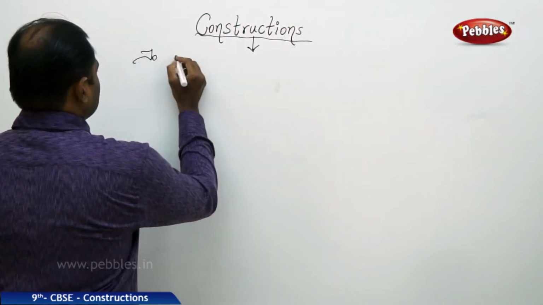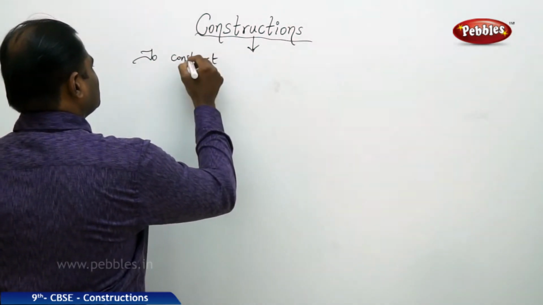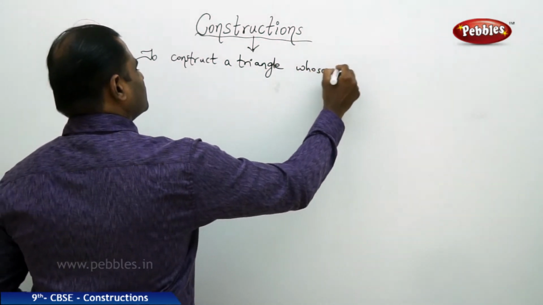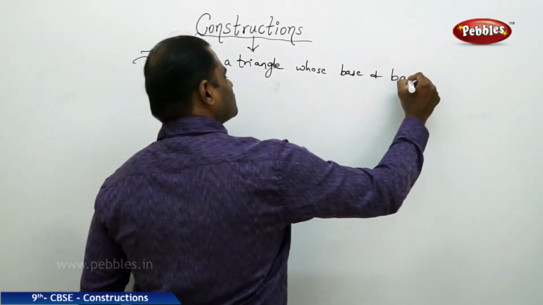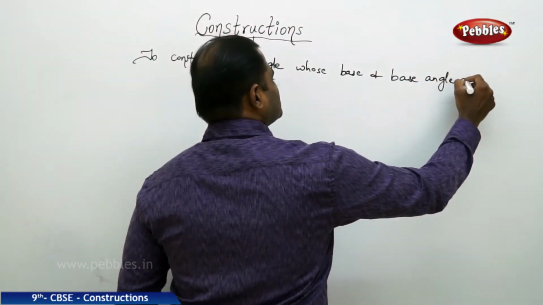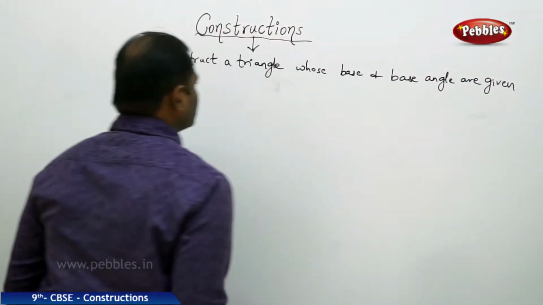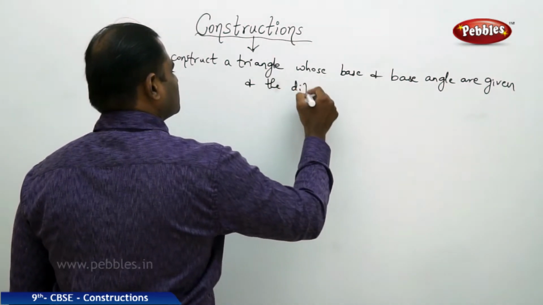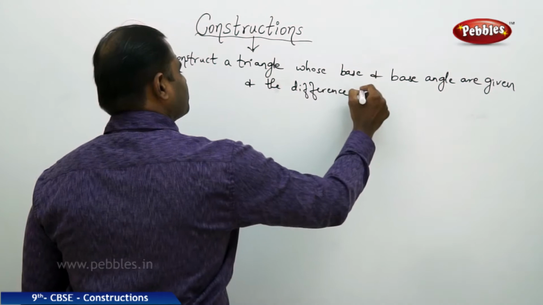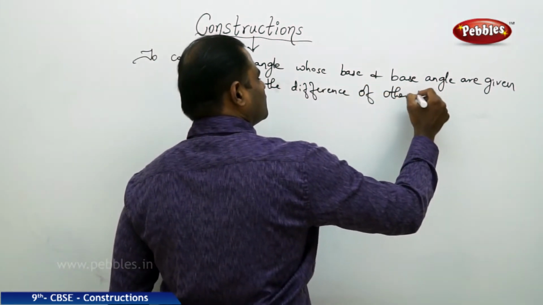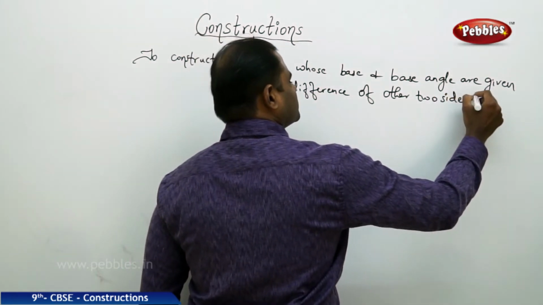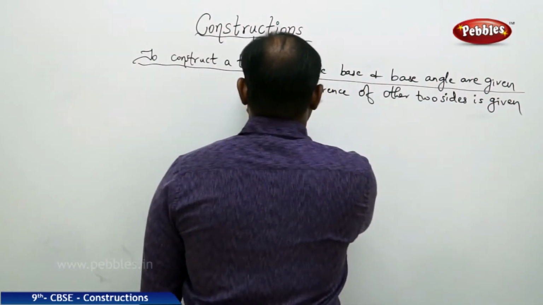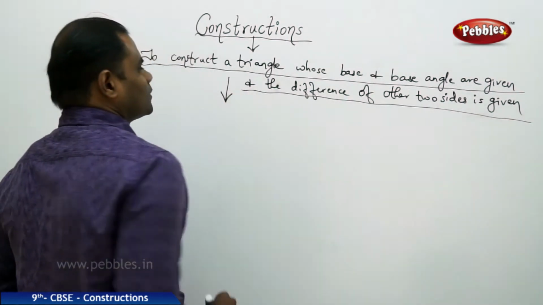So the session is about to construct a triangle whose base and base angle are given and the difference of other two sides is also given.